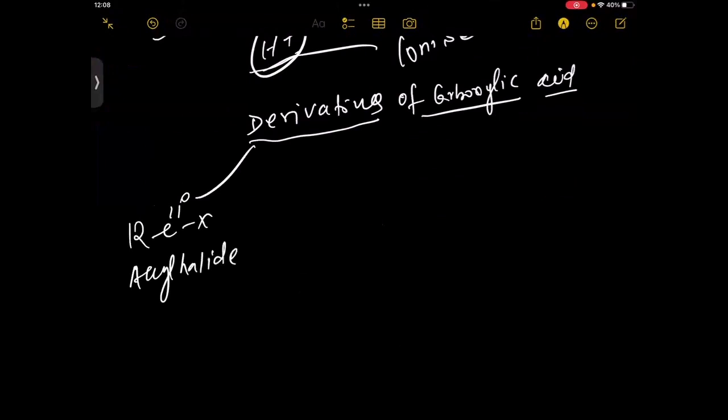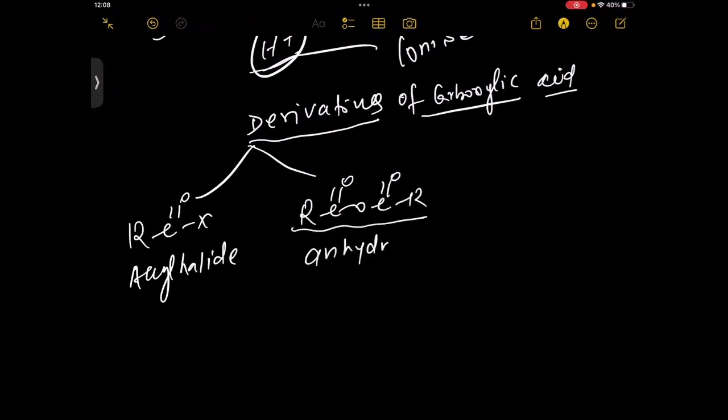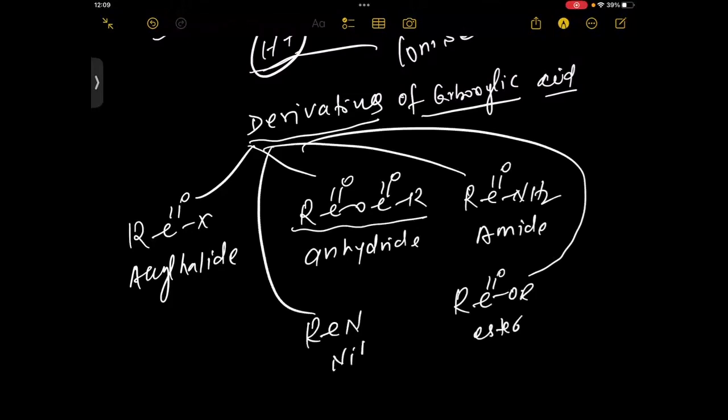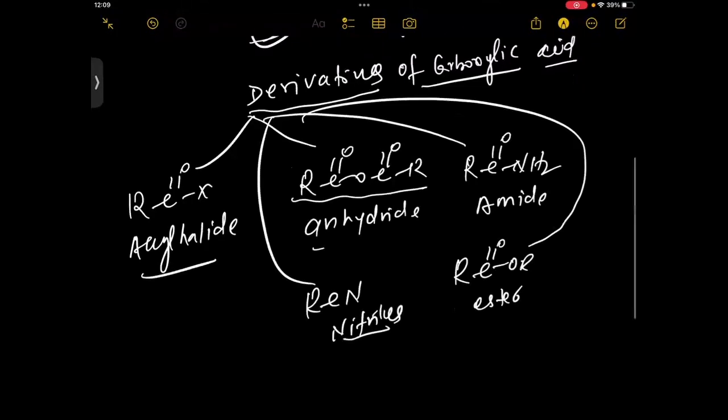Second, R C double bond O, O C double bond O R. This is the anhydride. Third is R C double bond O NH2. This is the amide group. And here is the ester, R C double bond O O R. This is the ester group. And the next is RCN, nitrile, right? So these compounds are the derivatives of carboxylic acids.